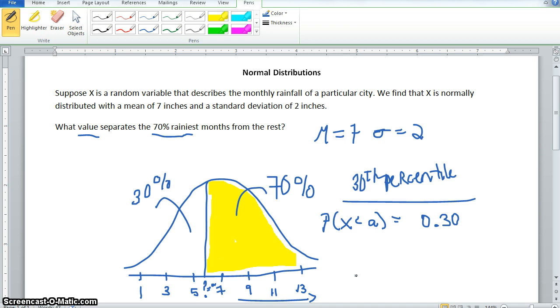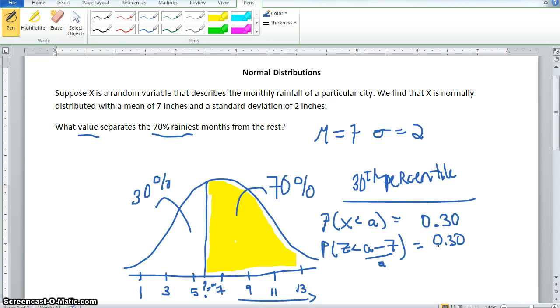So before we do anything, let's standardize A. So the probability of Z being less than A minus our mean of 7 divided by our standard deviation of 2 is equal to 0.30. We've gone as far as we really can. We now need to know what the small z value, or the z-score, is that gives us an area below it of 0.30.